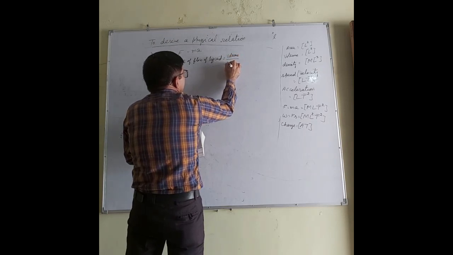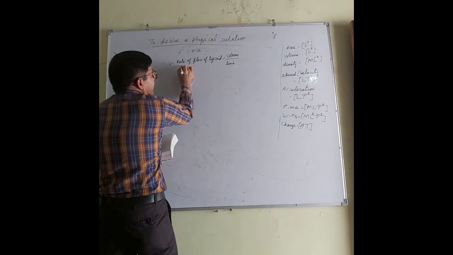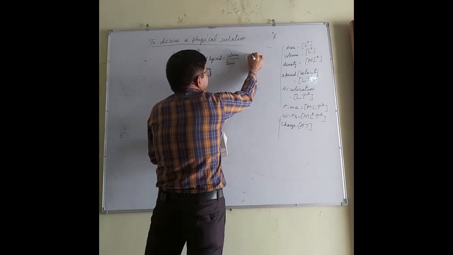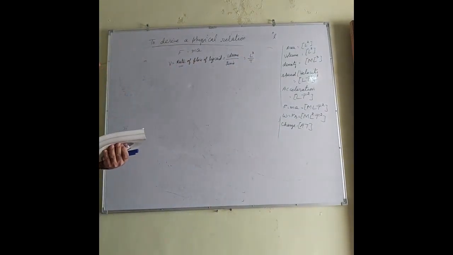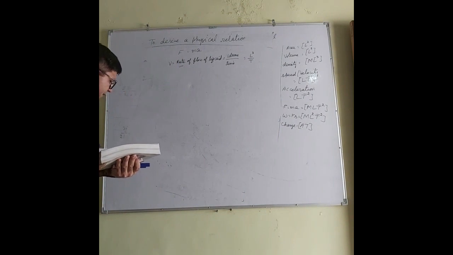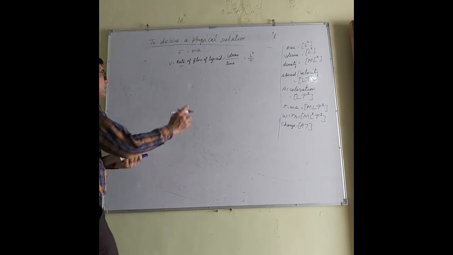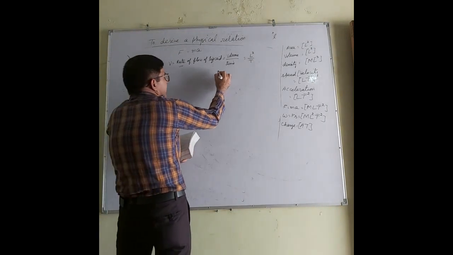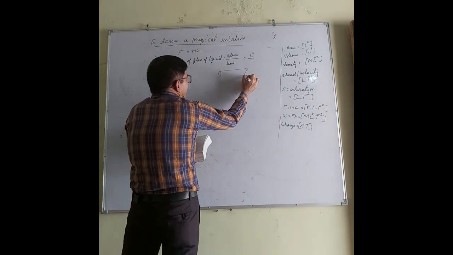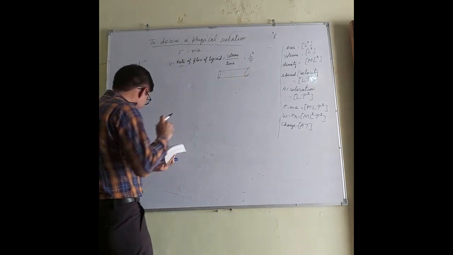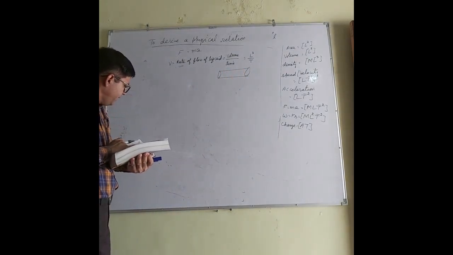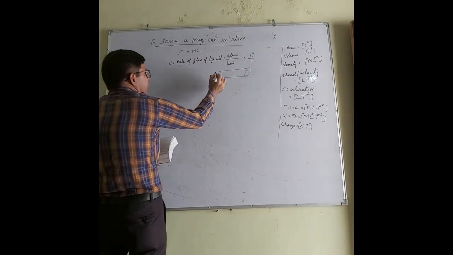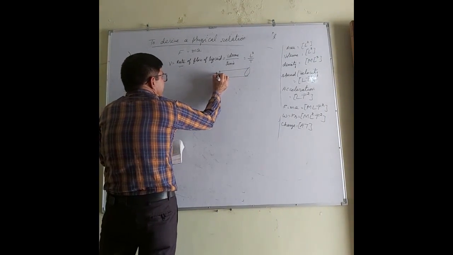Why am I writing volume upon time? Because here rate is given. So I can say L cube by T. The dimension formula of this V is L cube by T. It is said that this is a pipe, and the rate of flow of liquid depends on its radius.